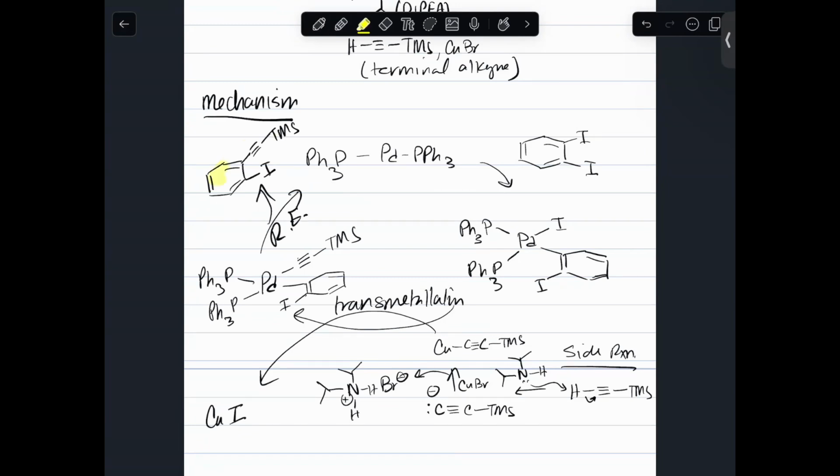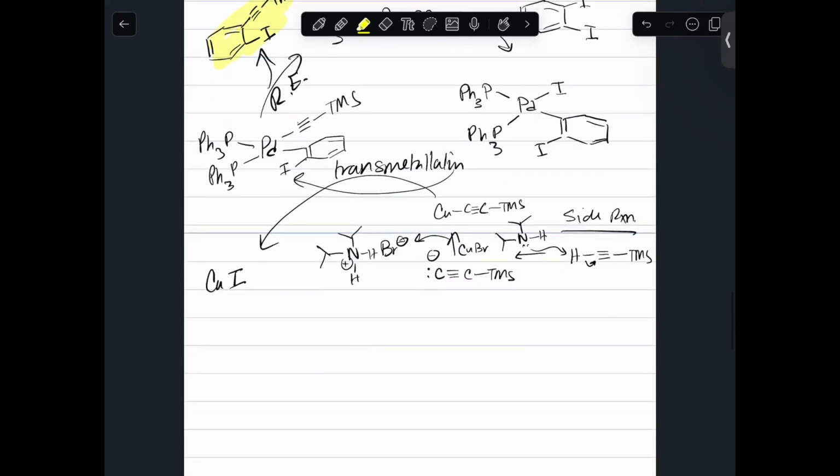And it goes through another cycle because there's another halogen. And so your second cycle, oxidative addition with one of the alkynes already present.